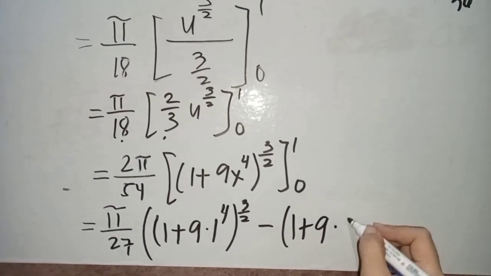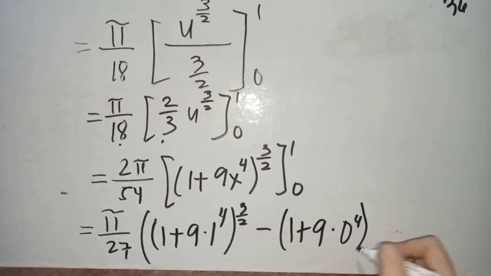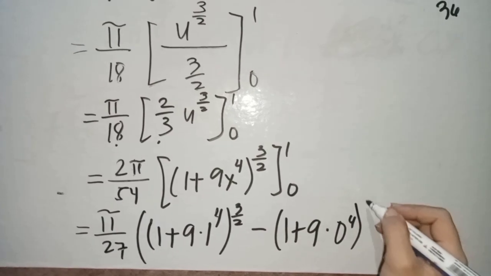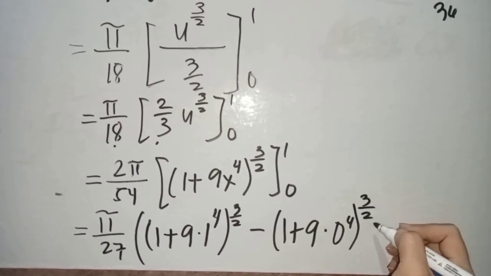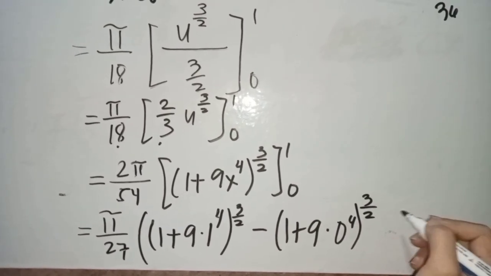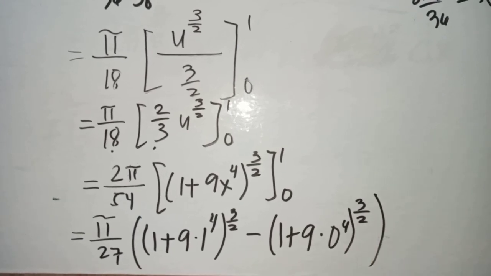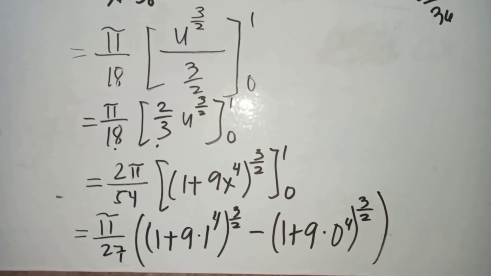Now we can evaluate this expression at 1 and then subtract the evaluation at 0. This will be equal to 2π/54.